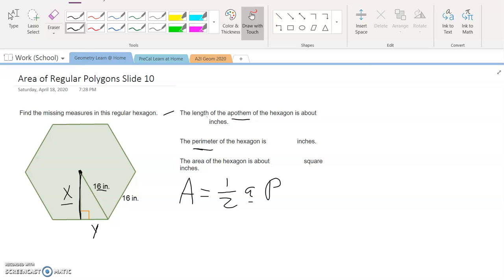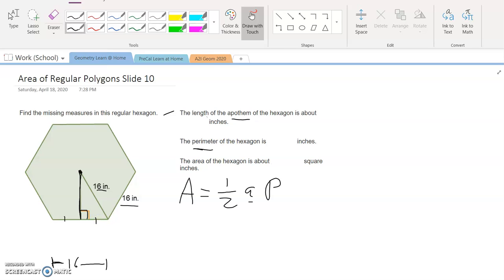So let's see if we can't figure these pieces out. So if this is a regular polygon and this side is labeled as 16, that means that each of the sides is 16. So this whole distance right here is 16 inches. An apothem, conveniently, is a perpendicular bisector of the side, which means not only is it perpendicular, but it also cuts each of these exactly in half.